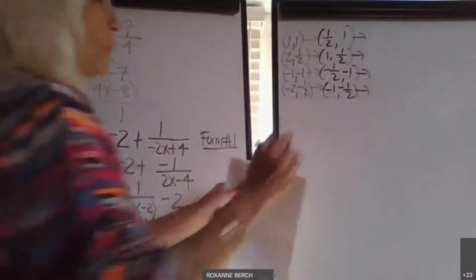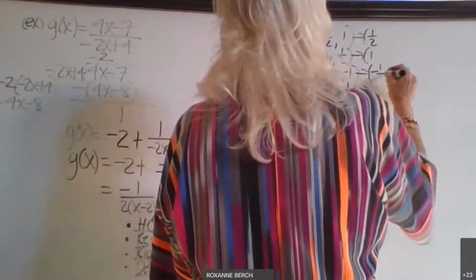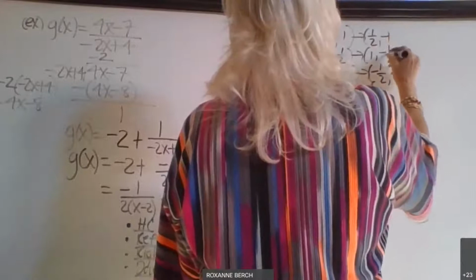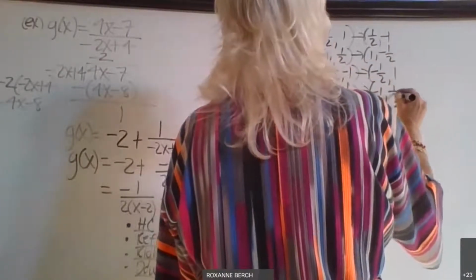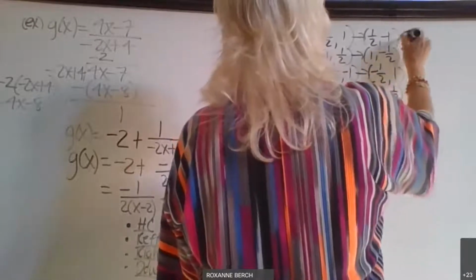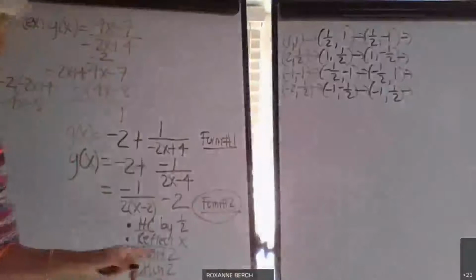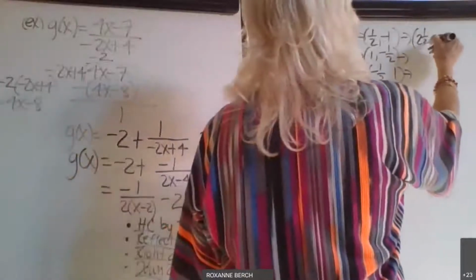Reflect X means negate the Y. So negate the Y, negate the Y, makes that positive, negate the Y makes that positive. Right 2. So right 2, I'm just going to make it 2.5.